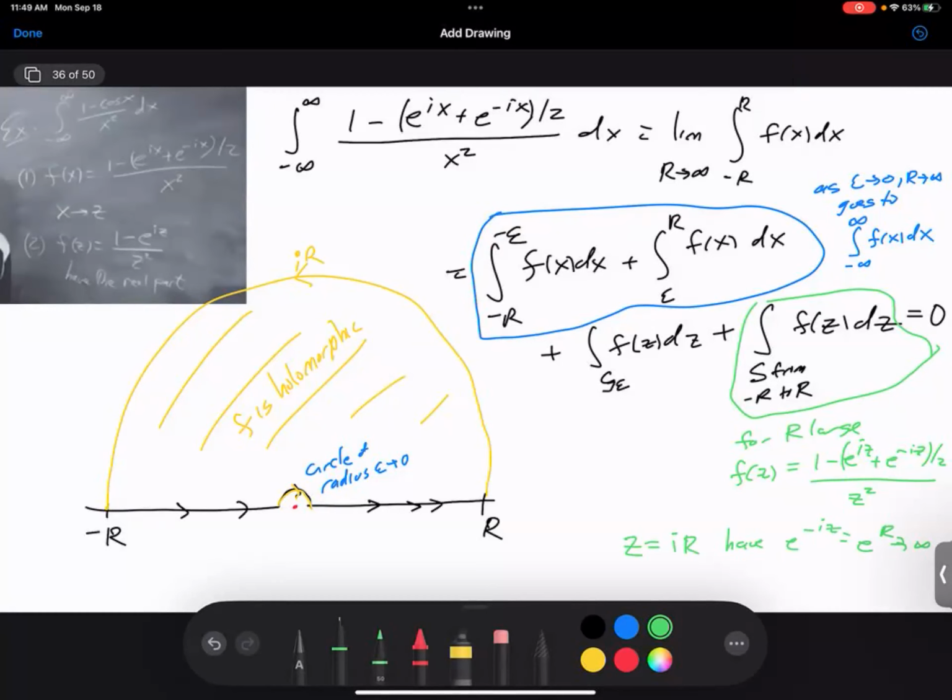So the problem is, if we try to just integrate this directly, we have a problem because the term e to the minus iz is exploding. The term e to the iz is no problem.